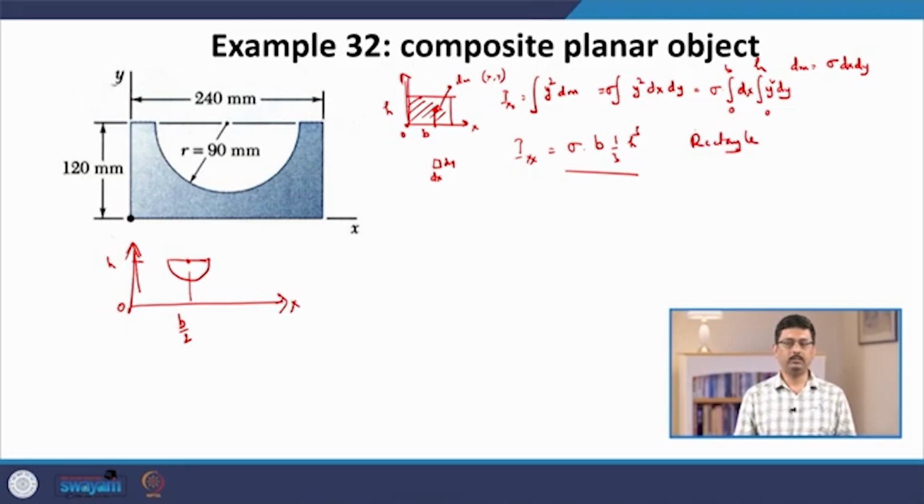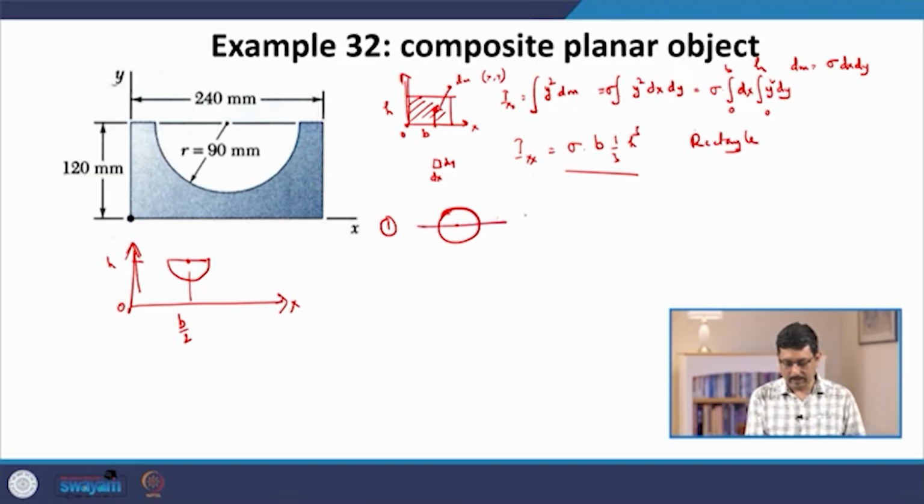So, how to calculate the moment of inertia of the semicircle? Here we can use some tricks and our parallel axis theorem. So, the first step is that instead of a semicircle, if we have a full circle, a solid disc, a filled circle, and we consider an axis which is parallel to the x axis, let us call that x prime.